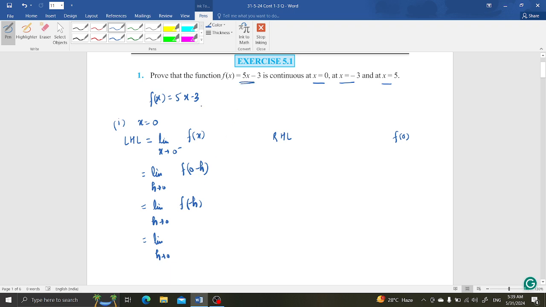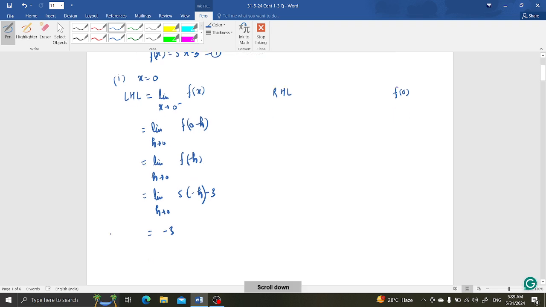The complete function is defined by equation 1. So we have 5 of minus h minus 3. If you apply the limit, we get minus 3. This is your LHL, equation number 2, you can assume.